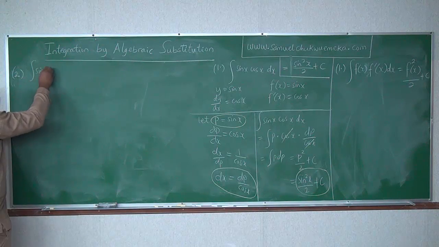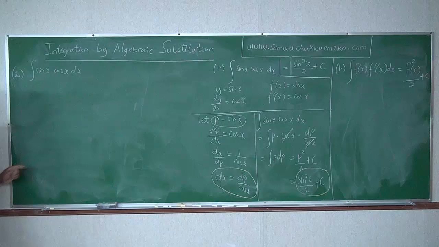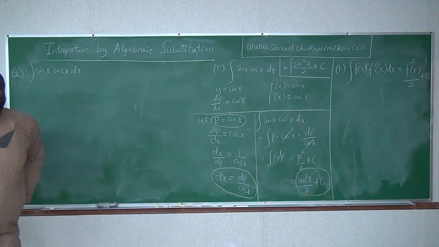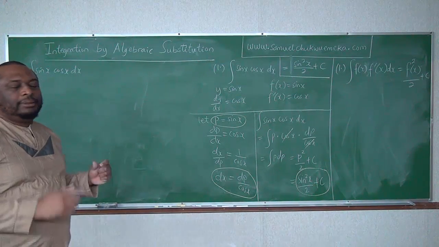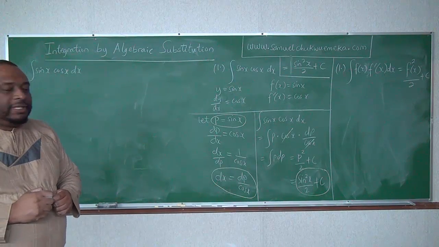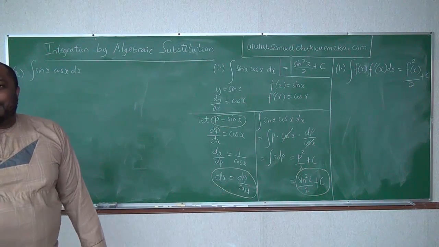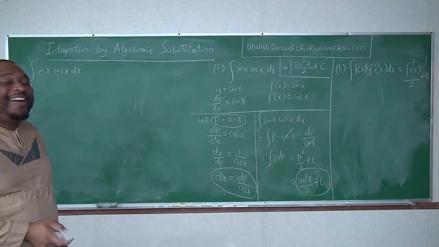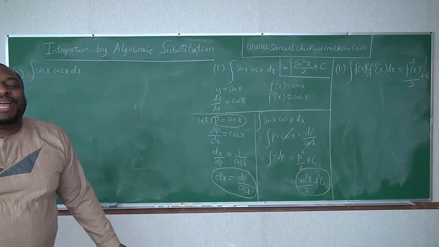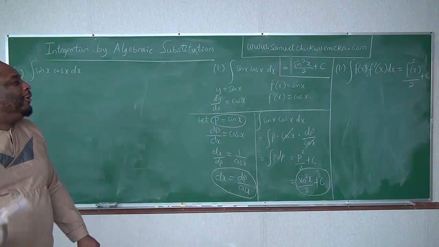Integral of sine x cos x dx. Still the same problem. Because some people will solve it and will not get this answer, sine squared x over 2 plus C. And they'll say, hey, Mr. C, I didn't get the same answer. Don't worry.